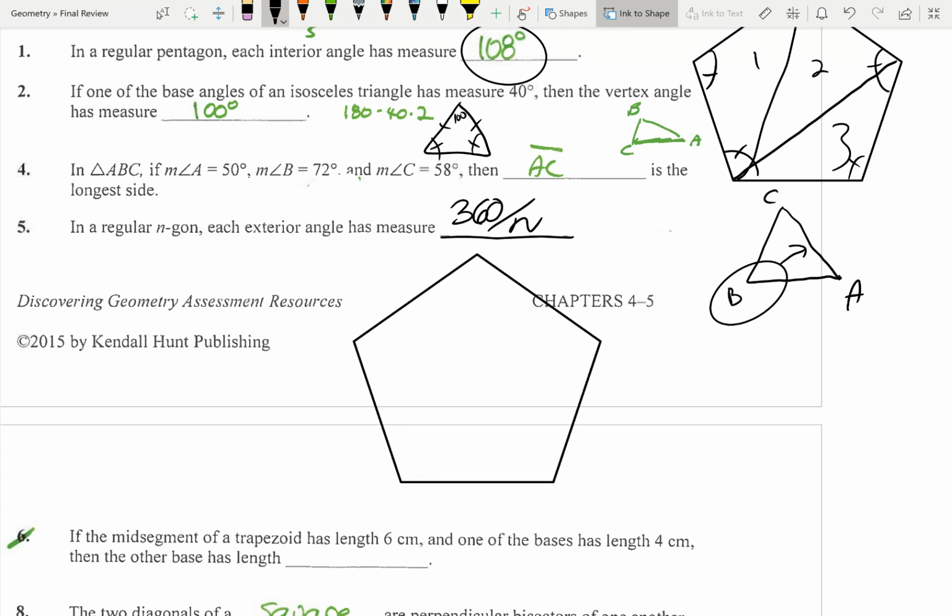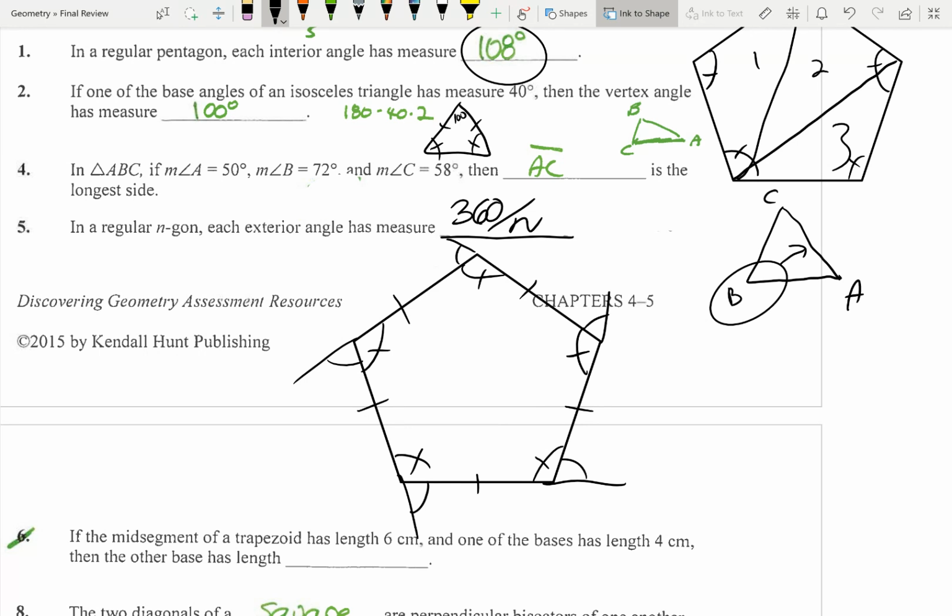Okay. So if you have a regular n-gon, that means that all the sides are congruent and all the angles are congruent to each other. That's what makes it regular. And the exterior angles are these right here. And so if we take all these angles and we add them up, they're all going to make up a complete circle, right?